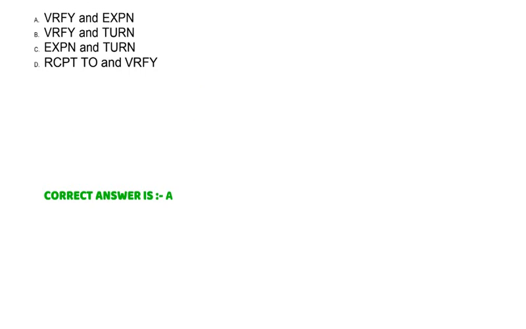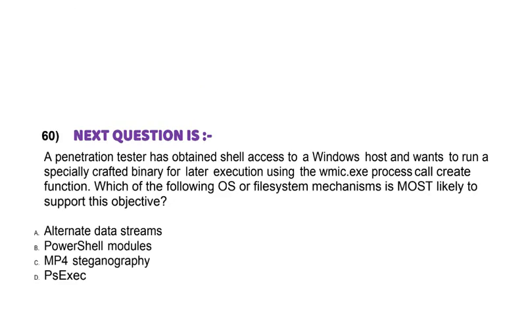Question is, a penetration tester has obtained shell access to a Windows host and wants to run a specially crafted binary for later execution using the wmic.exe process call create function.